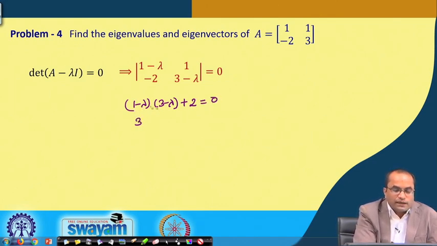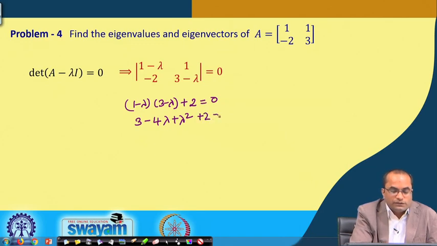So, 3, and then for lambdas we have minus 4 lambda, and then lambda square plus 2 is equal to 0. So, we are getting the equation lambda square minus 4 lambda plus 3 plus 2, this 5, is equal to 0.